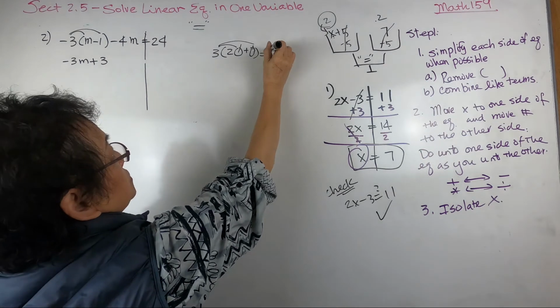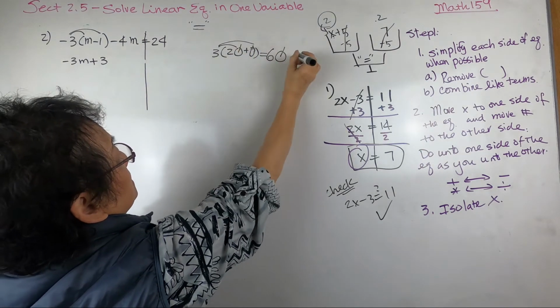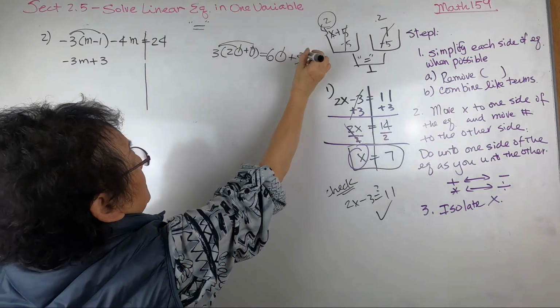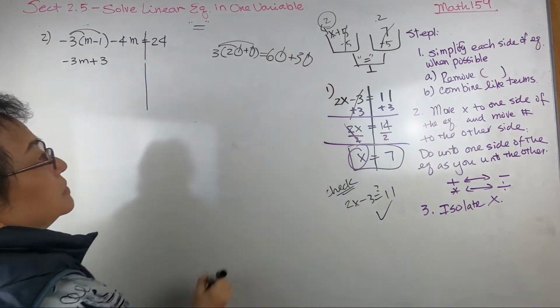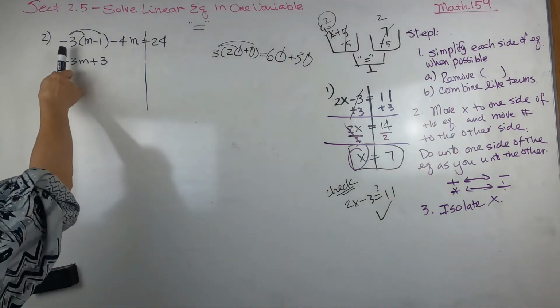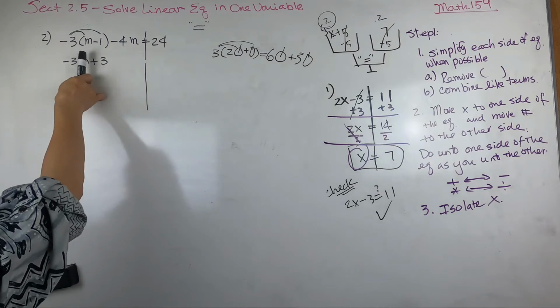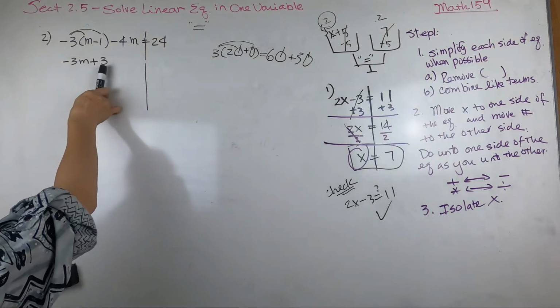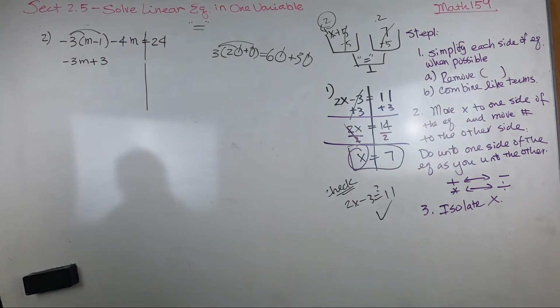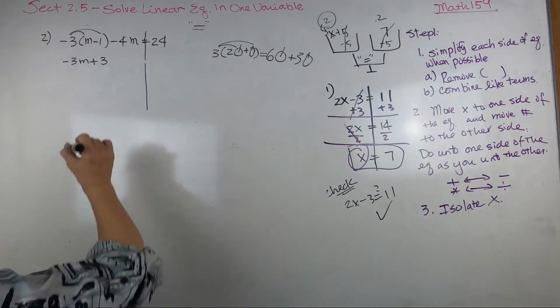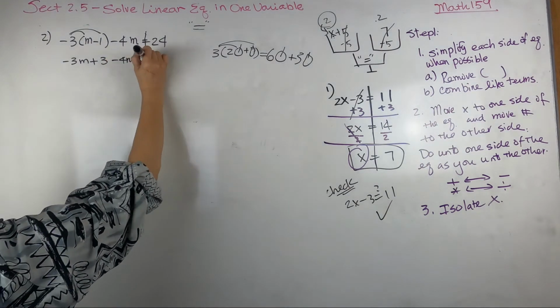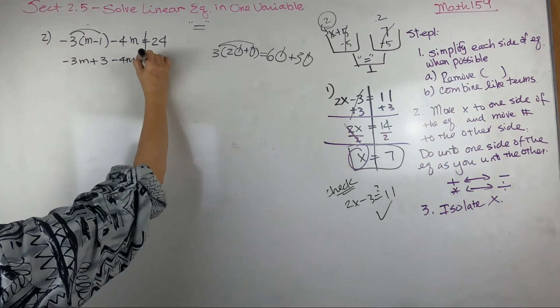It becomes 3 times 2, 6 apples. Then 3 times 1 pear, you have 3 pears. So when you have a parenthesis and you multiply, you need to distribute. Then minus 4m equals 24.